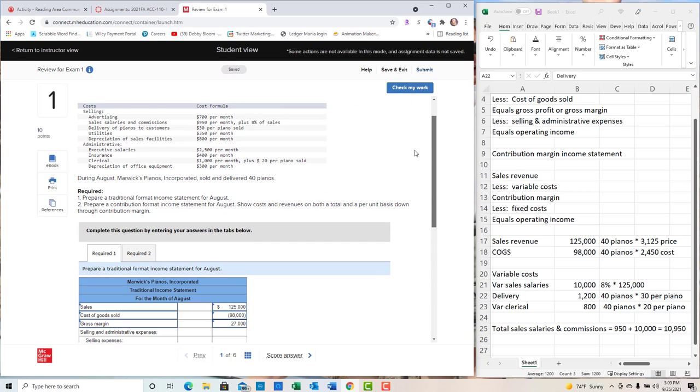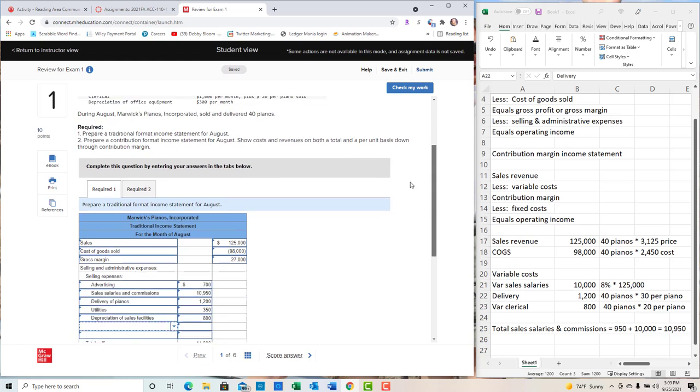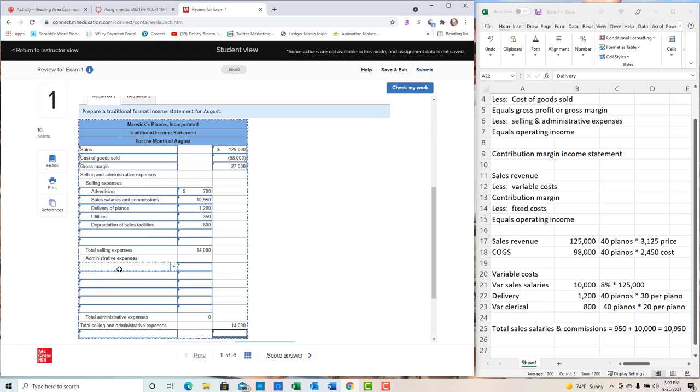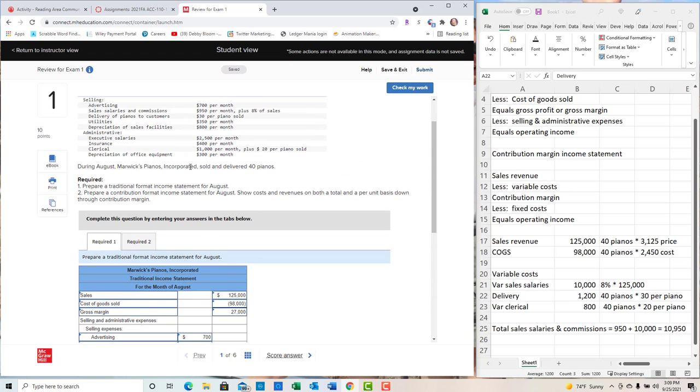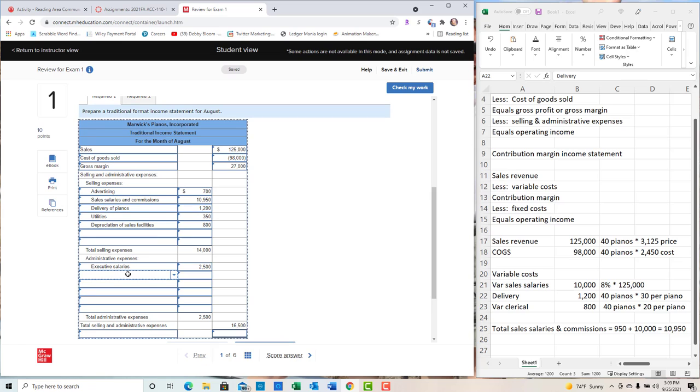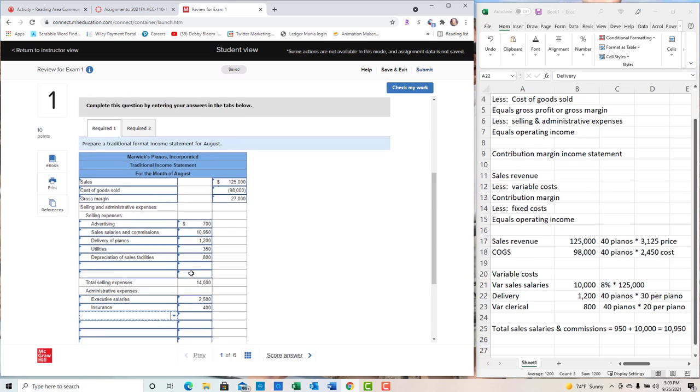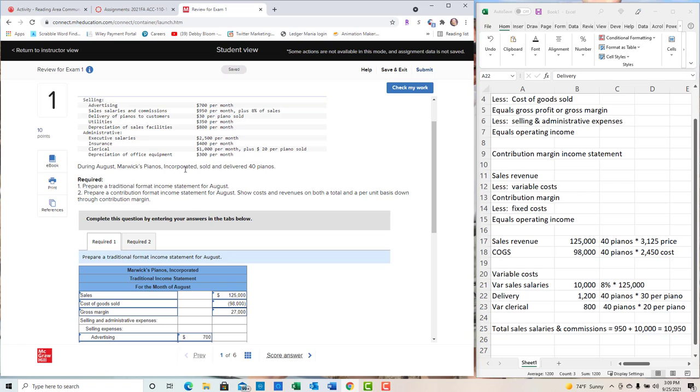So under our administrative expenses, we have our executive salaries, $2,500 per month. After that, we have our insurance at $400 per month. After insurance, we have our clerical cost, also a mixed cost. So the fixed portion is $1,000 plus the $20 per piano sold.